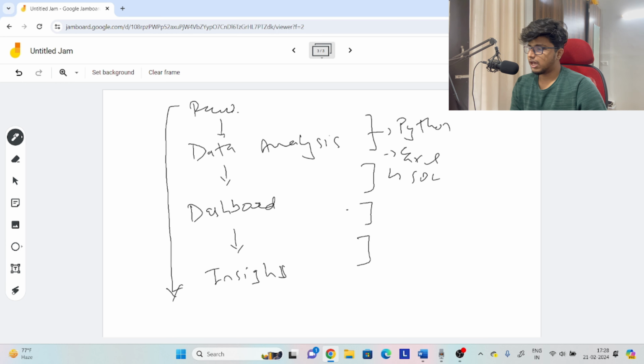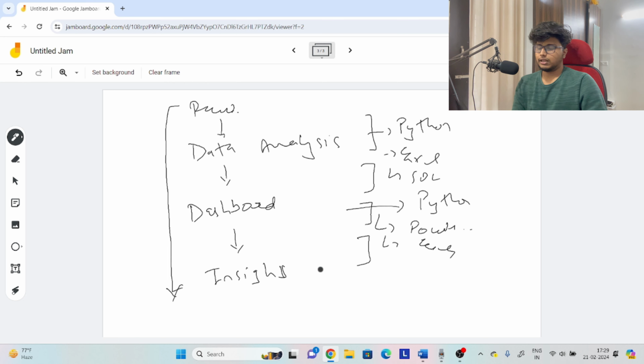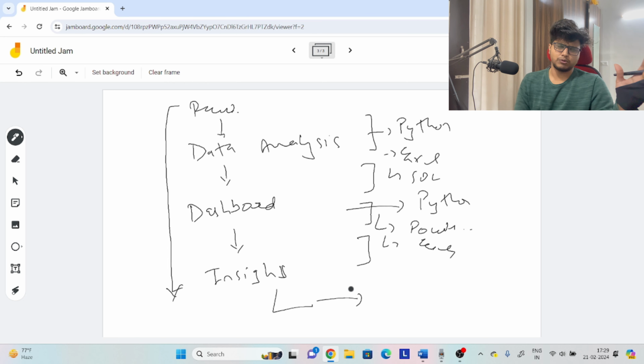Similarly, when you're building a dashboard, you're basically building charts. You can build these charts in Python, you can build them in, let's say, Power BI, or you can build these charts in Excel as well, right? Now similarly, again, insights: the difference is just that a dashboard will show you some KPI. Insights is just a proper term for valuable charts, right?